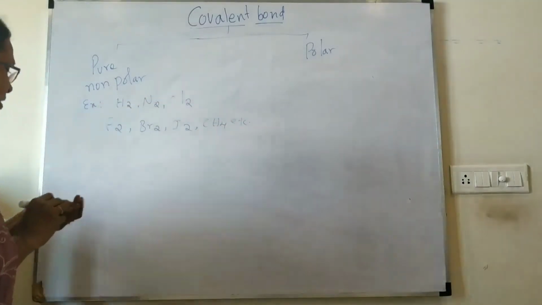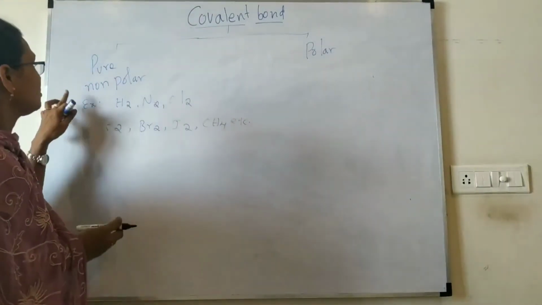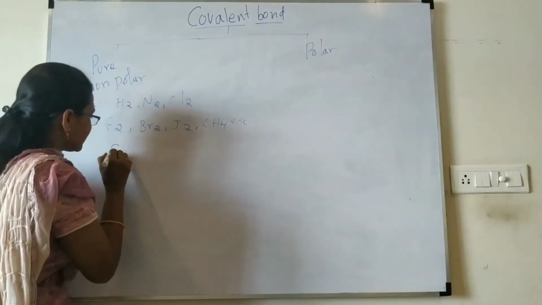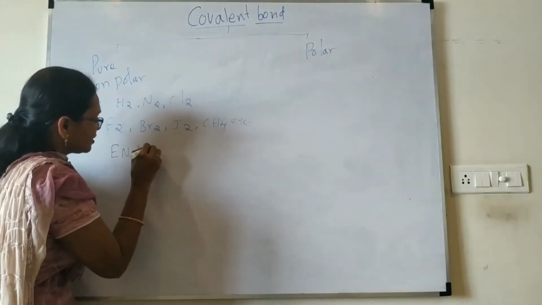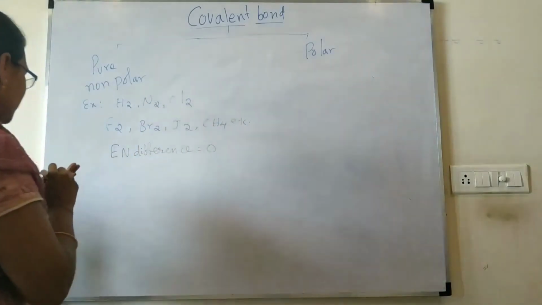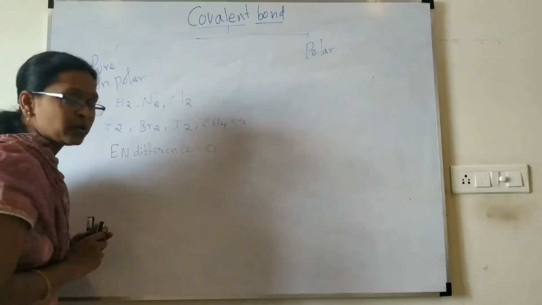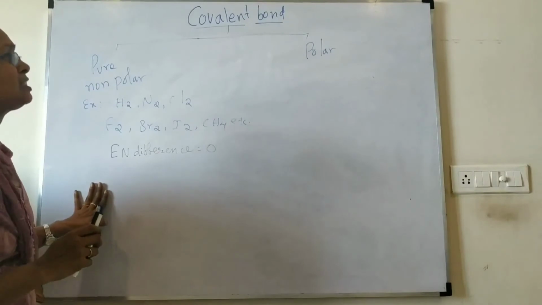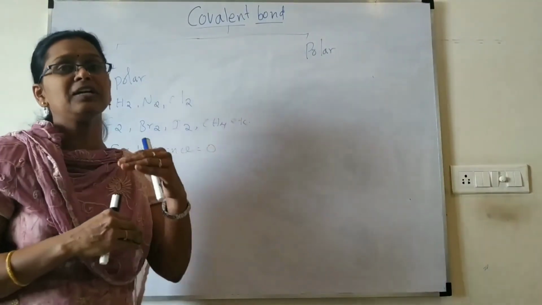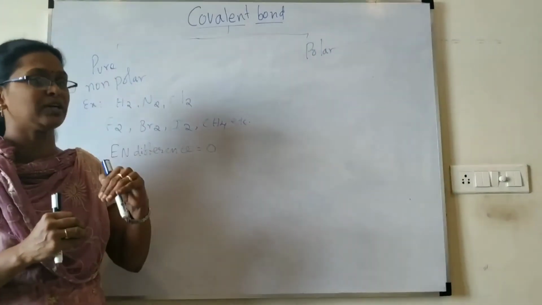For all these covalent molecules, the electronegativity (EN) difference is equal to 0. When considering the ionic bond, we discussed that the electronegativity difference will be greater than 1.7, between a metal atom and a non-metallic atom.